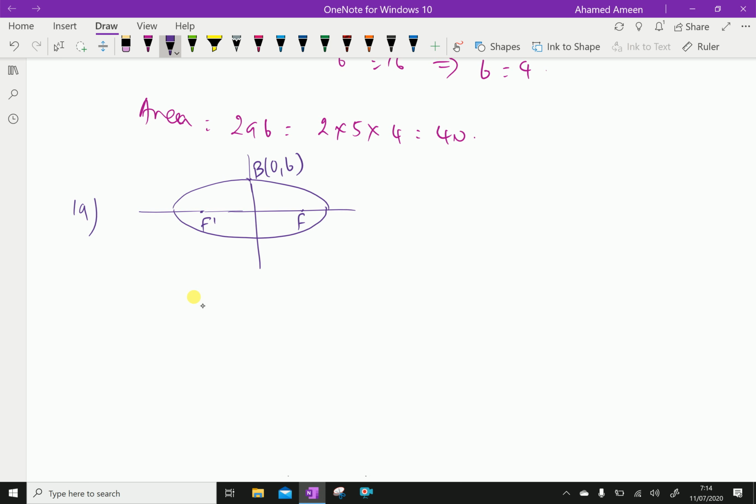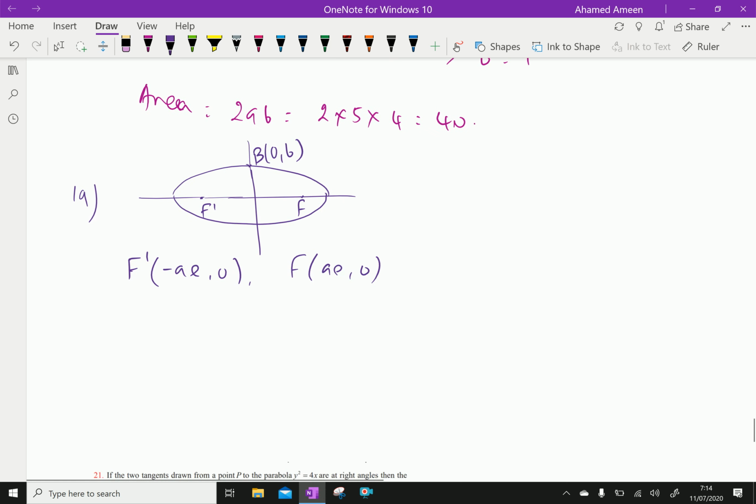We know that the focus F dash is minus AE, 0 and F is AE, 0. Now the distance between the foci, that is F dash F, is 2AE.